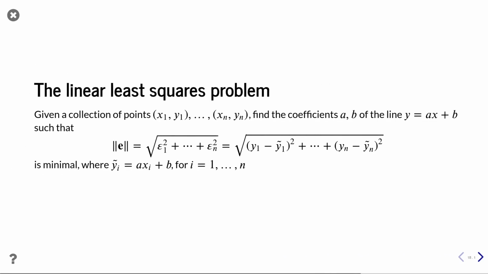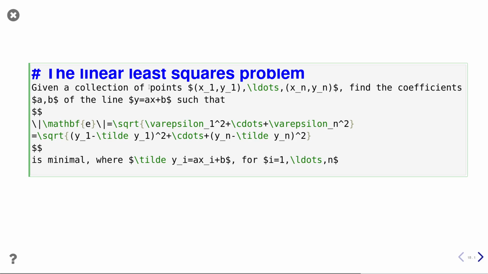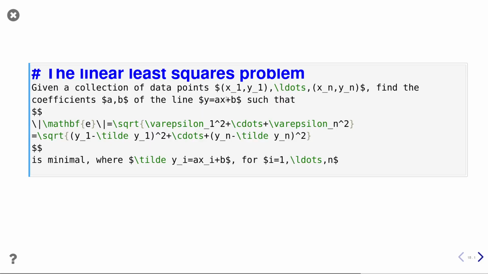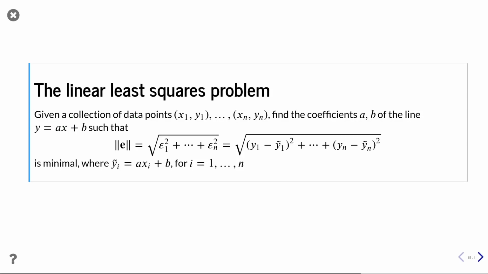To state the problem in a formal way, because that's really helpful, suppose I have a collection of data points x1, y1 to xn, yn. Then what I want to do is find the coefficients a, b of the line. For the moment I'll stick to this notation, but as I said, I'll post a revised version.